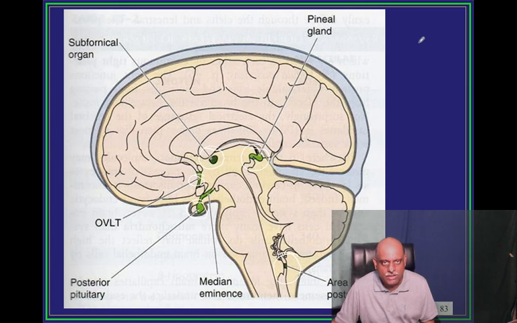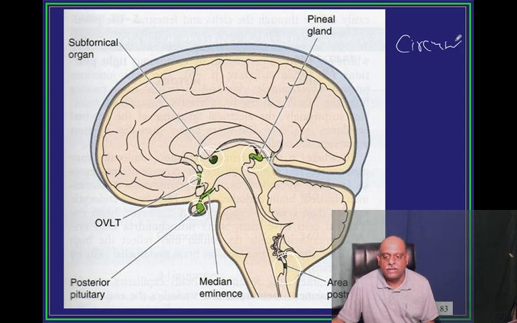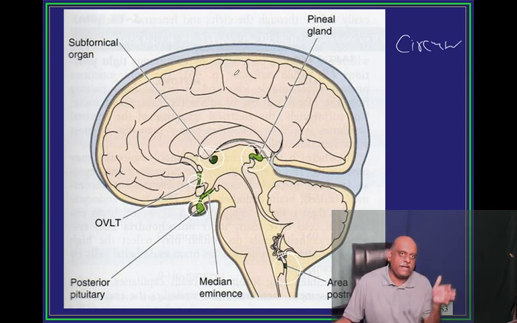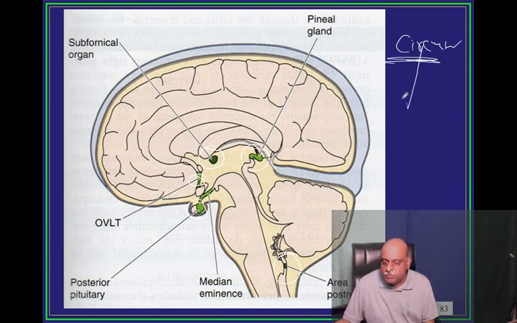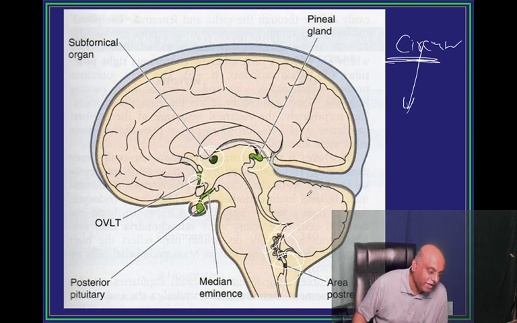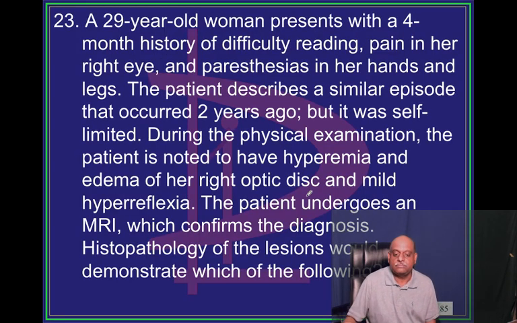These are all called the circumventricular organs. That means the entire brain is separated from the blood by a blood-brain barrier, but these things are exposed. They don't have a blood-brain barrier. So they are exposed to the chemical changes that happen in the blood. So area postrema in the medulla is the one that mediates the vomiting sensation, is what you need to remember.